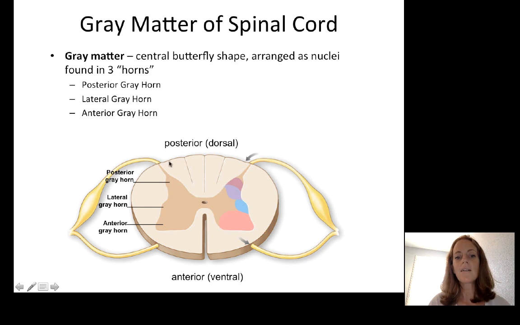So the gray matter of the spinal cord maintains organization of body region and type of stimulus or type of motor activity. So this back region of the spinal cord, the dorsal horn, will be sensory, and the ventral horn of the spinal cord will be motor.